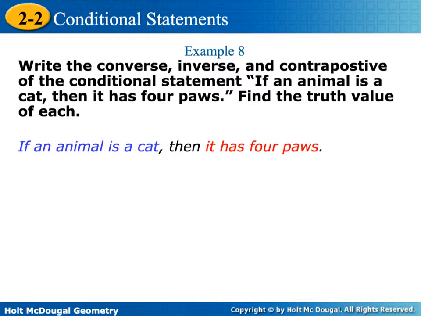So now we're going to write the converse, inverse, and contrapositive of these statements. This is the conditional that's been given to you. So when it's given to you, you're told that that's the conditional. First I want to write the converse.